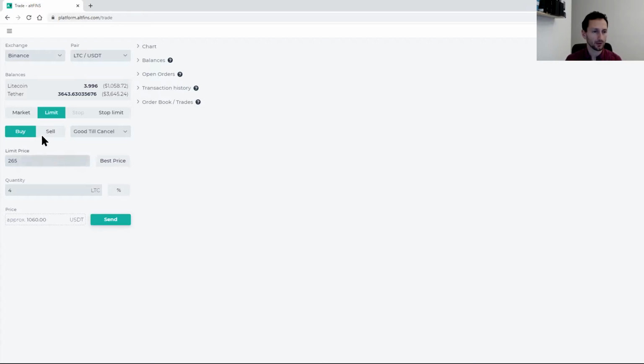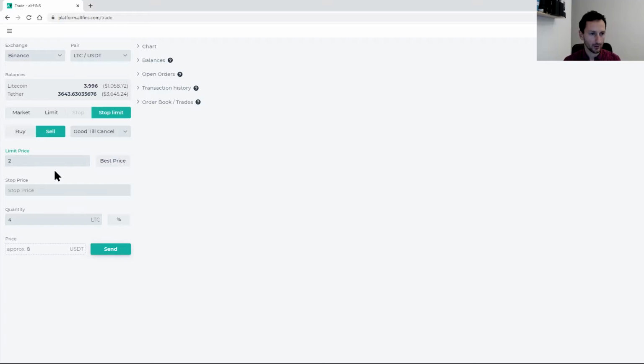So I said $200 limit, stop limit, sell. So I want it to be triggered when it gets to 190, and limit price, say 180. That's the worst price I'm willing to sell it for.